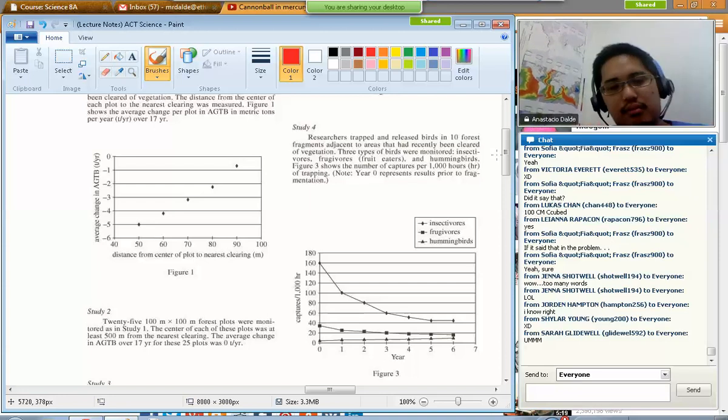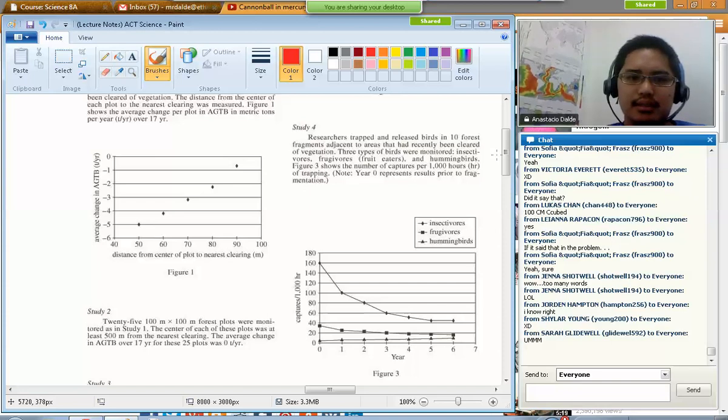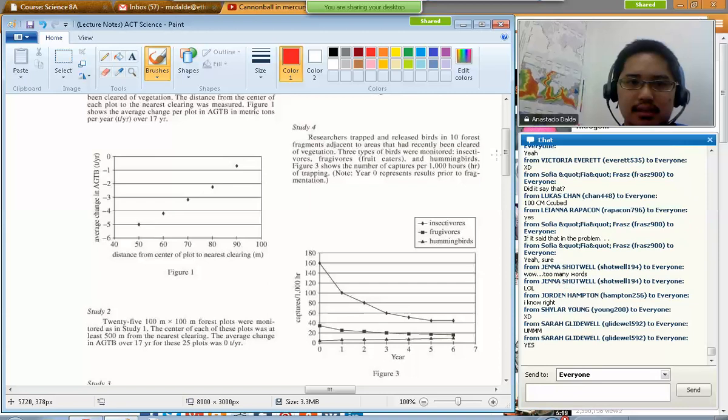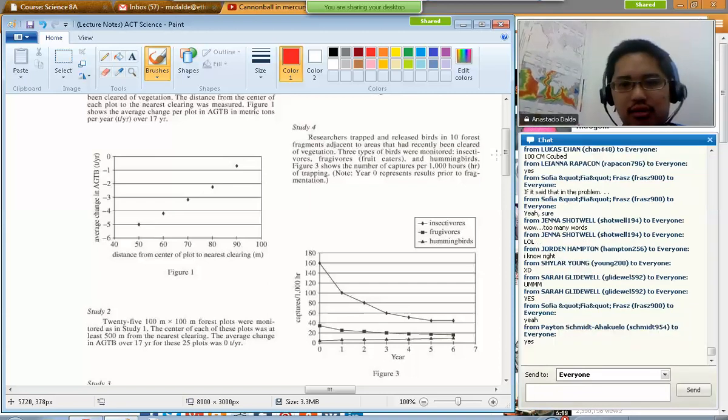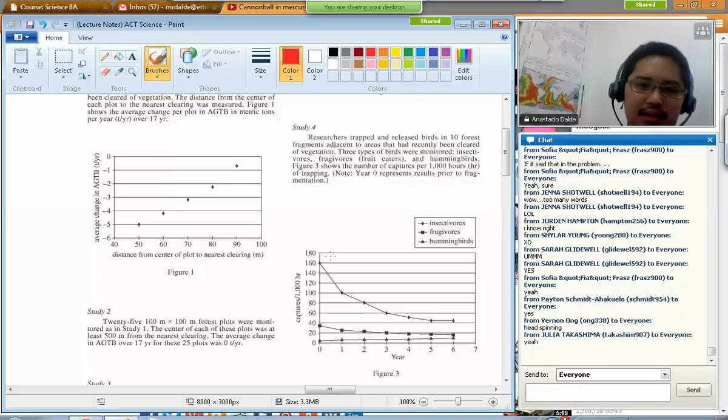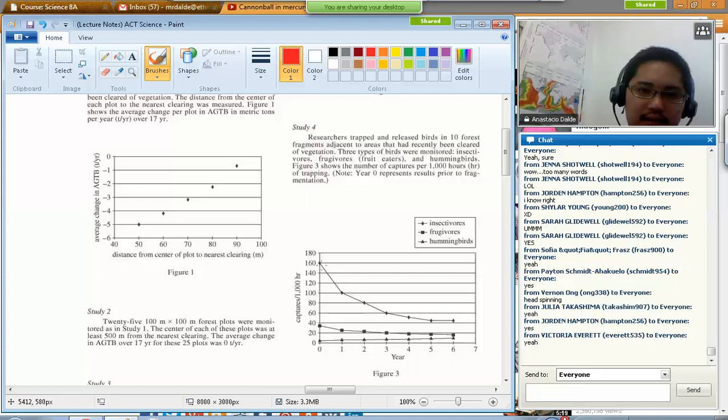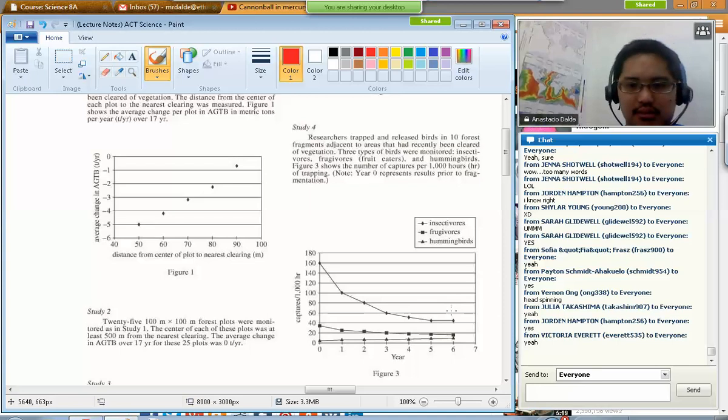Okay, so what it's saying is basically, if you kill the forest, it's bad for the insects. Does that make sense? Because look, if you kill the forest, the insectivores' population goes down.